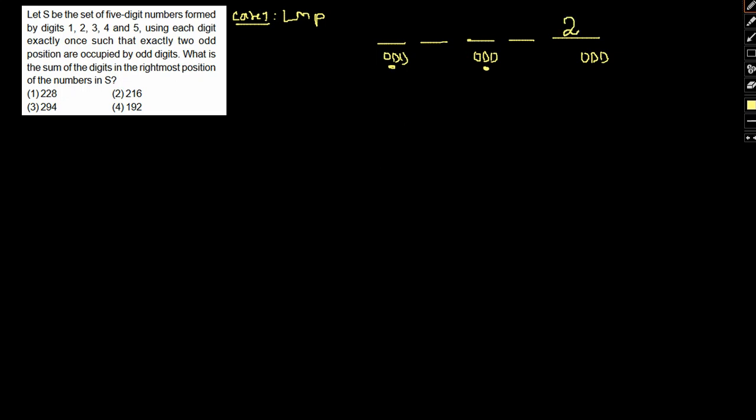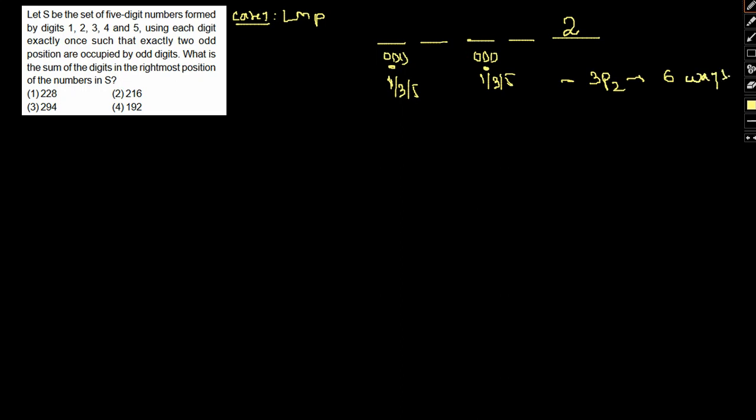Let me fix the number 2 at the rightmost digit, and now this place can be filled by either 1 or 3 or 5, and this place can also be 1 or 3 or 5. So these two places can be filled by 1, 3 or 5 in 3P2, or 6 ways.